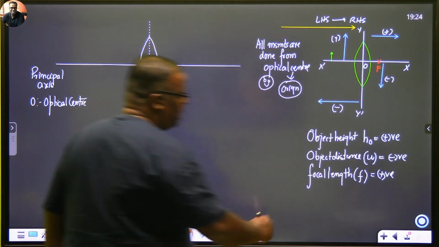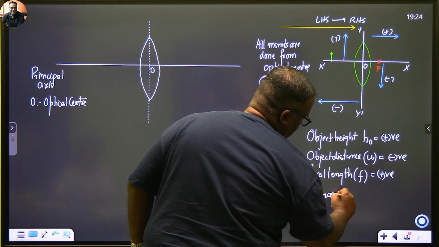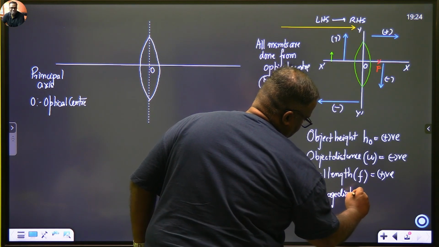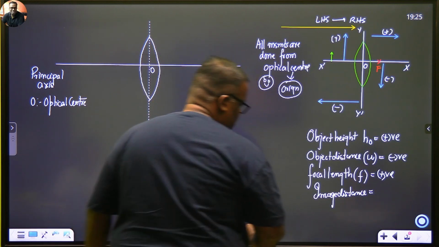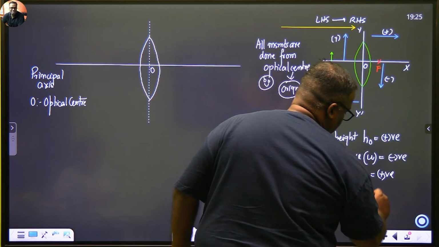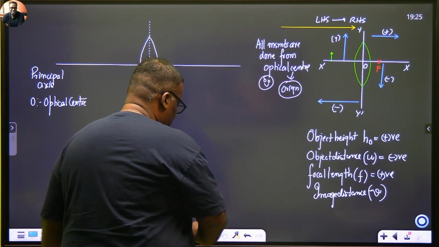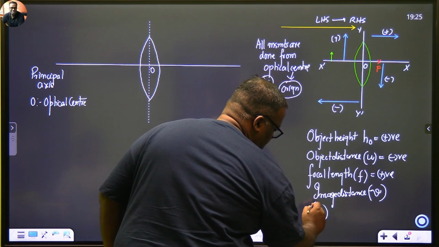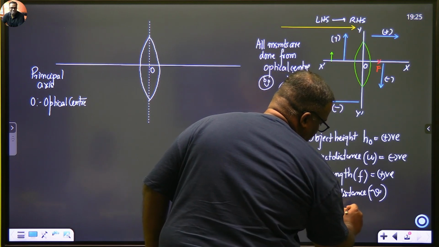Then comes my image distance. Image distance is denoted by the letter V. How to remember? If you want an aid to remember this, the aid is very easy. Remember the word VIP.